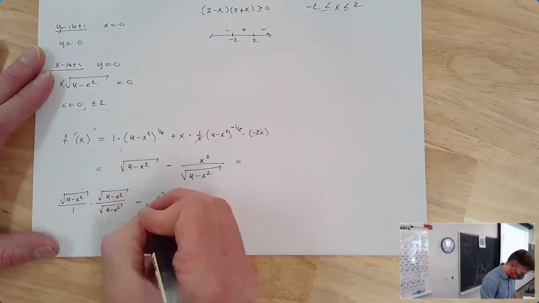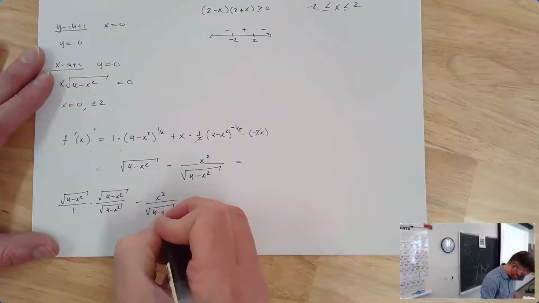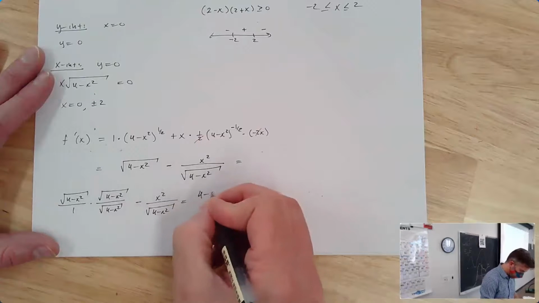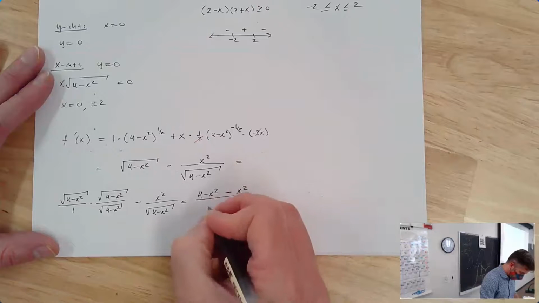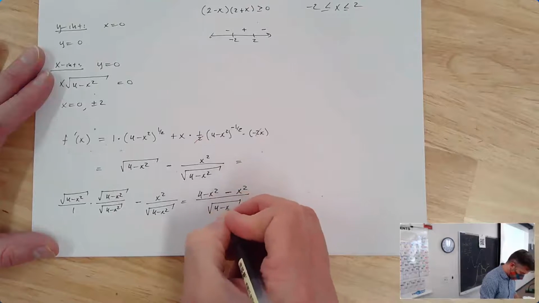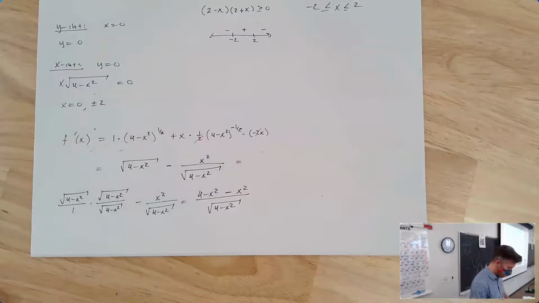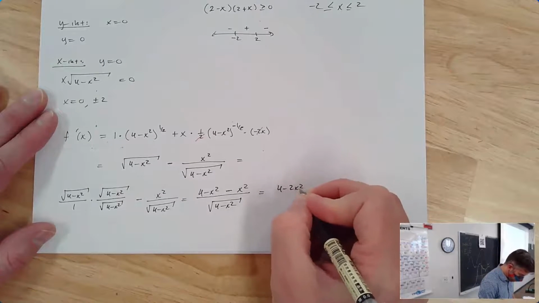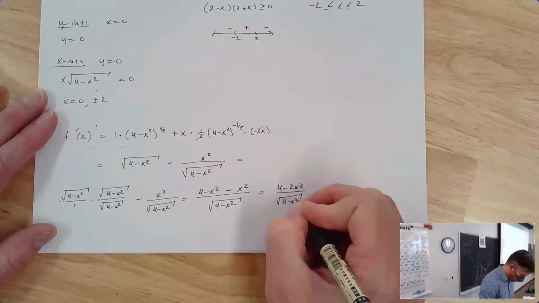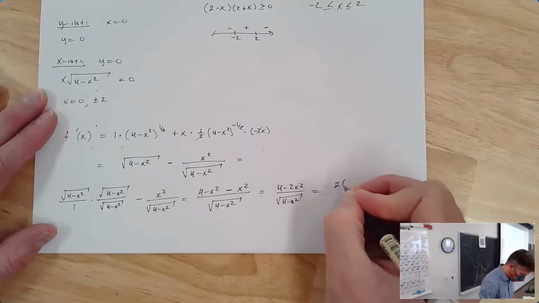You can probably skip showing that work and get 4 minus x squared minus x squared all over the square root of 4 minus x squared, which is 4 minus 2x squared over the square root of 4 minus x squared. Factor out the 2.